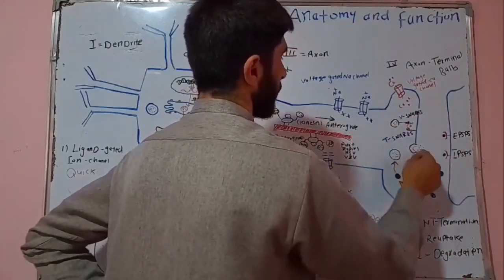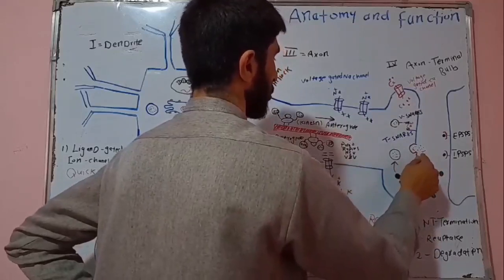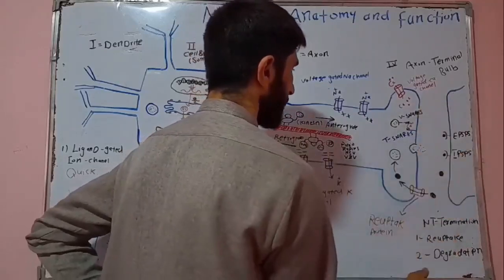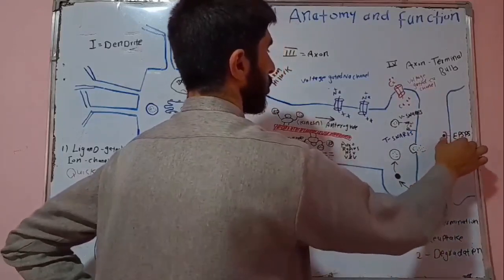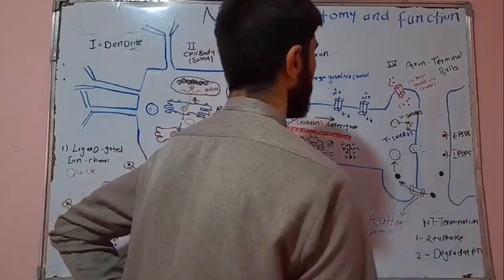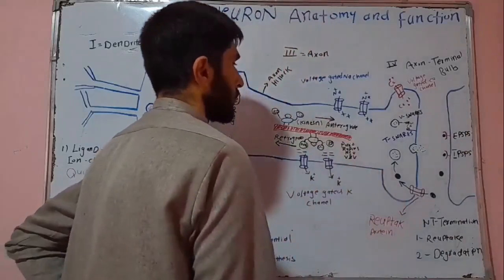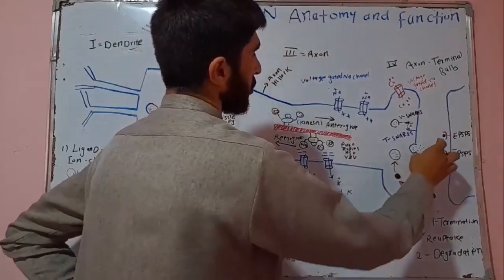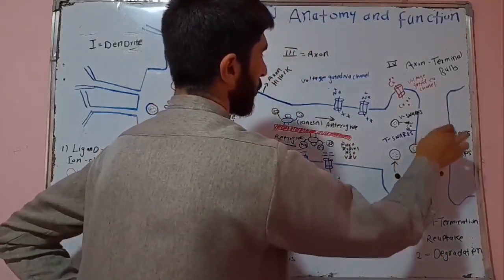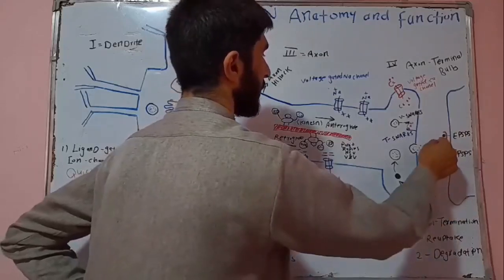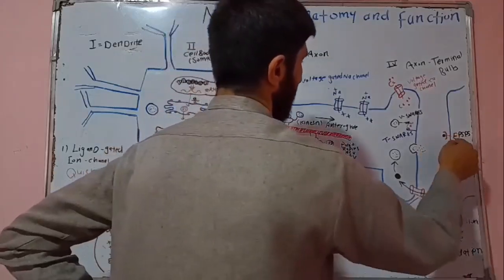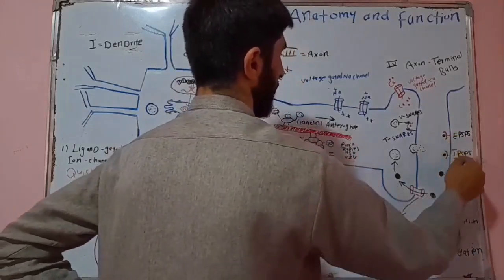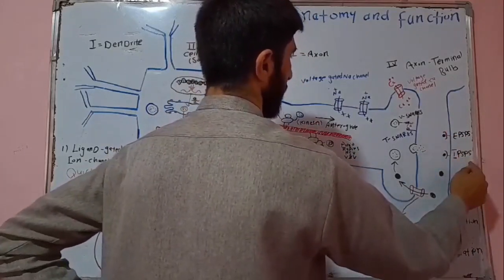Then the vesicle will release its content, the neurotransmitter, within the synaptic cleft, and the neurotransmitter will act on the postsynaptic neuron. It may be excitatory postsynaptic potential or inhibitory postsynaptic potential.